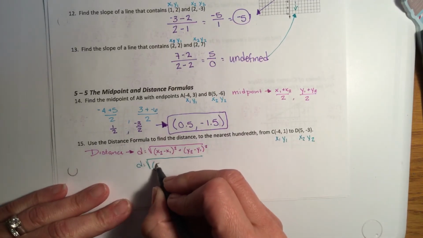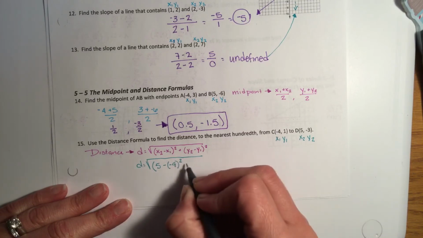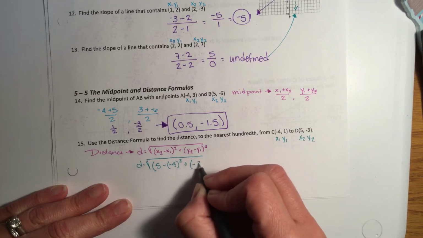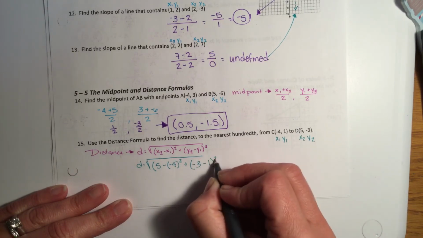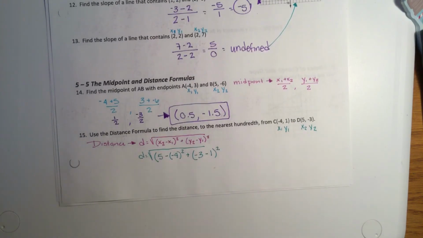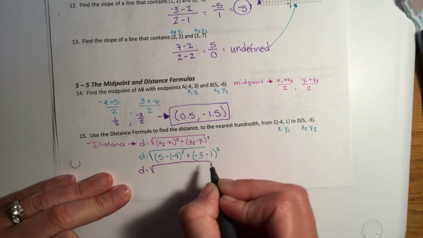So this one's going to be 5 minus a negative 4 squared plus negative 3 minus 1 squared. And you guys might find mistakes as I'm doing this. Usually I have you in class to catch my errors.